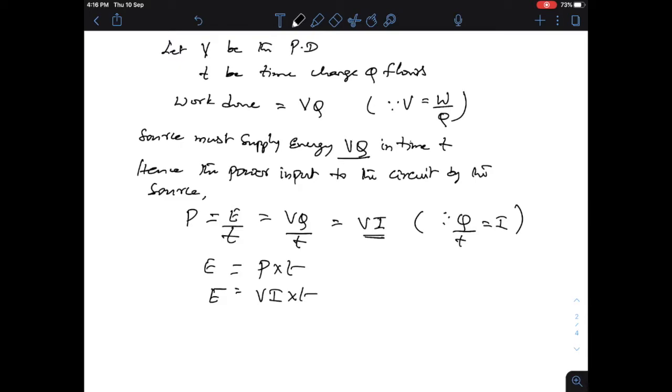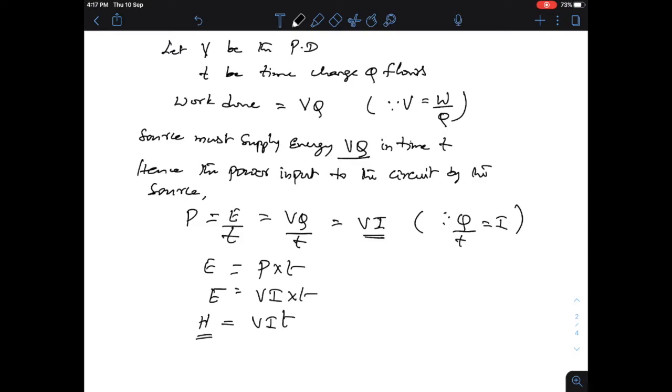Thus, for a steady current I, the heat H produced in time T is the work done that is consumed into heat. So this energy is converted into heat, therefore I will write H.